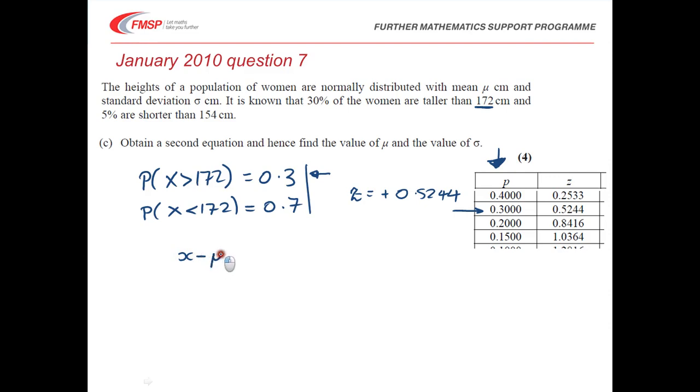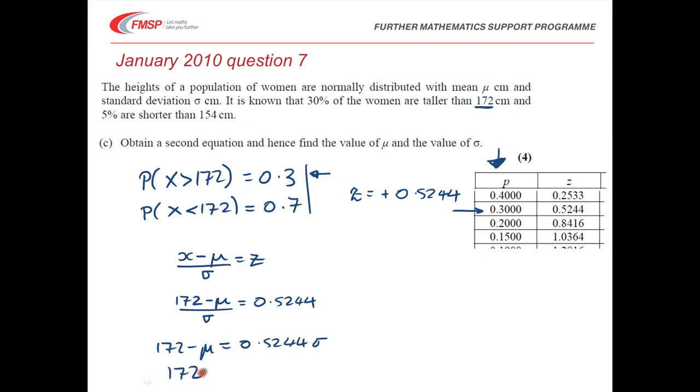So x minus mu over sigma is equal to Z. X in this case is 172, so we've got 172 minus mu on sigma is equal to 0.5244. And again, rearranging this, 172 minus mu is equal to 0.5244 sigma. So we've then got 172 minus 0.5244 sigma will equal mu.